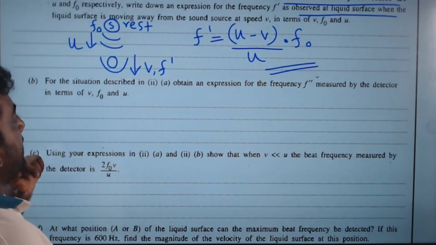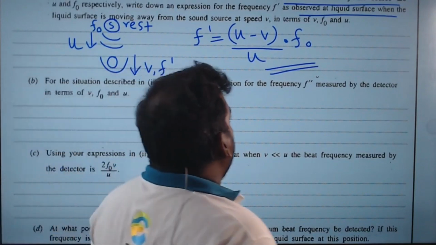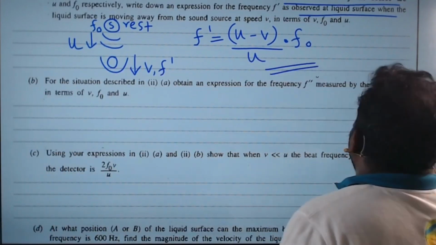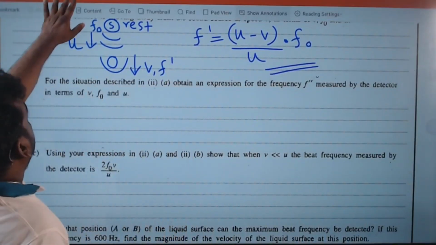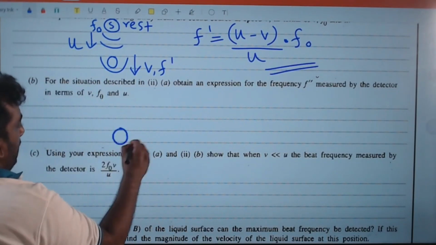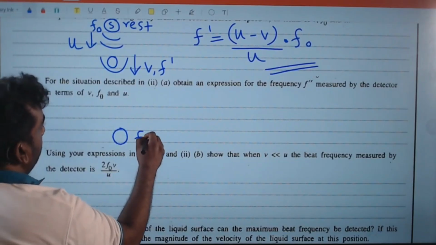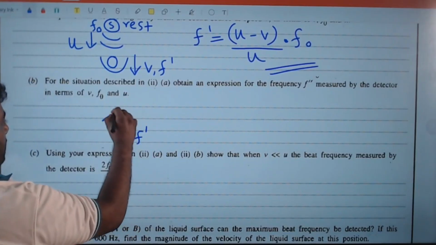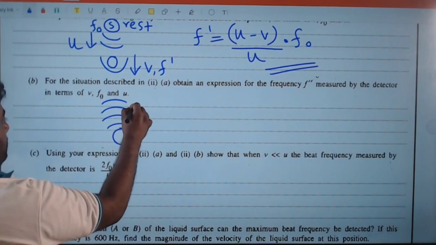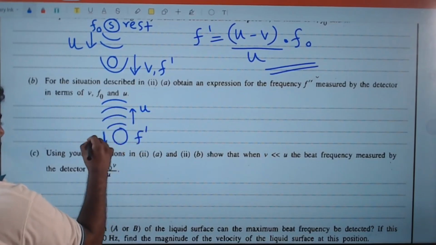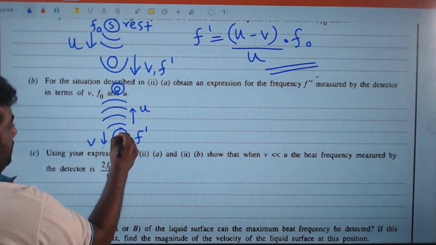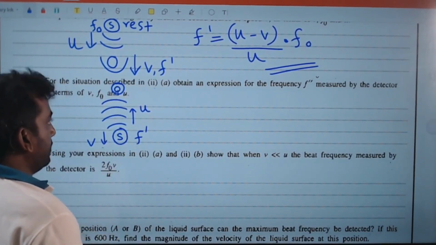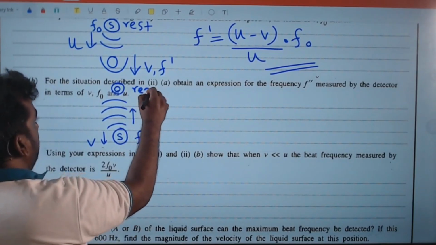For the situation described, obtain an expression for f double dash measured by the detector in terms of v, f naught and u. Now what happens? The observer will become the reflector, and the detector will become the observer, with the liquid surface as a temporary source. The observer is at rest.